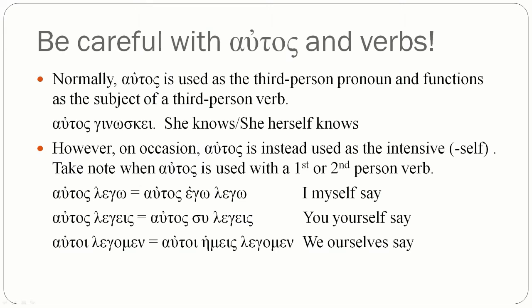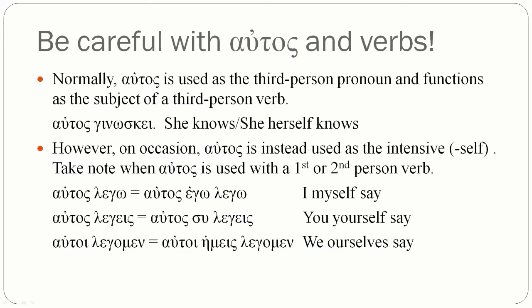And then look at the last one, autoi legamen. Autoi is third person plural, and legamen is first person plural. So it actually means autoi hemes legamen, which is we ourselves say.